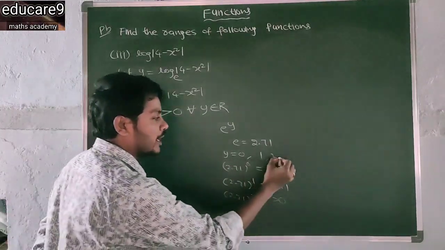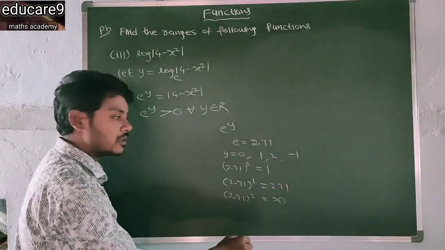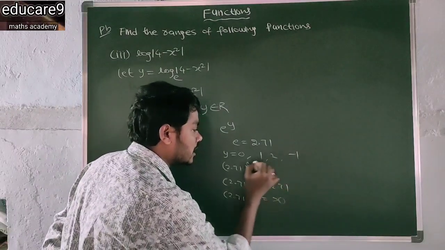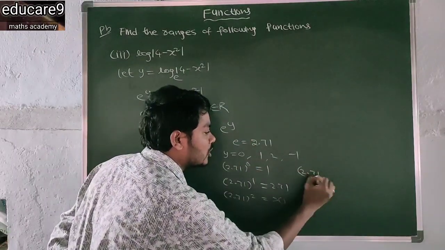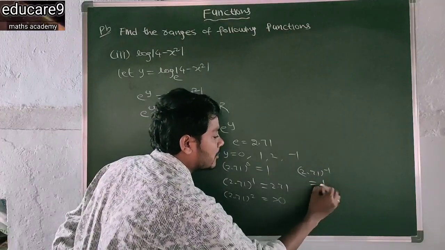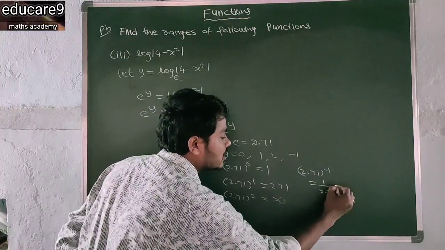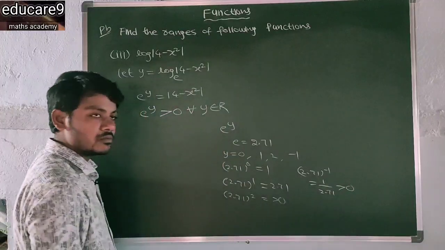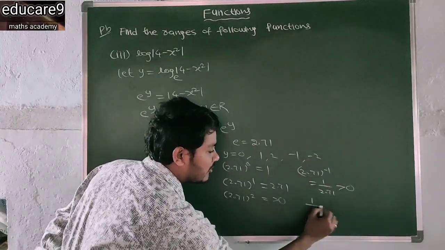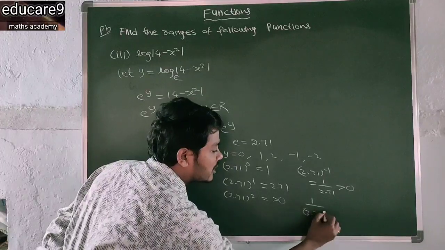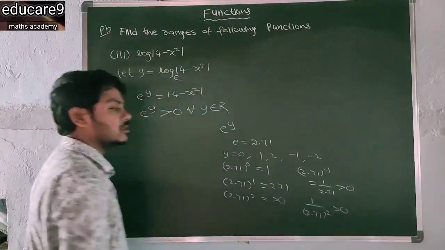And for example, y is equal to minus 1. So what is the e power y value? 2.7 whole to the power of minus 1, that is 1 by 2.71. So this is also positive. For example, y is equal to minus 2: you get 1 by 2.7 whole square. This is also positive.